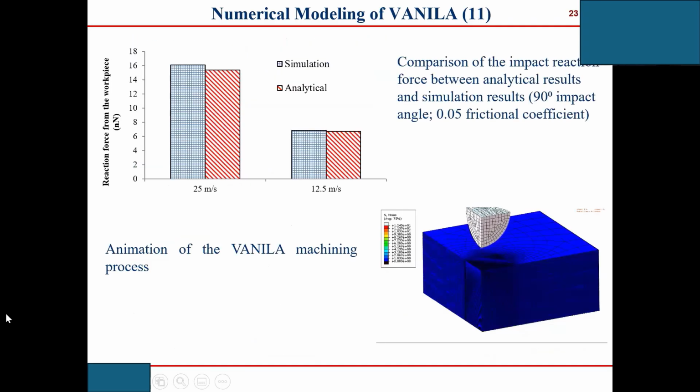You can see this is numerical modeling. So here is the validation. We compare the simulation results with the analytical results for two different impact speeds, and they are very, very close. So here is an animation of the vanilla machining process. This is done by my student Nick Dong.